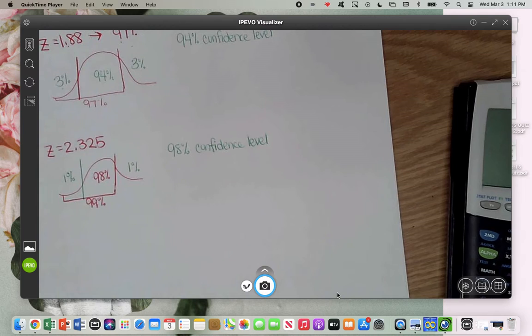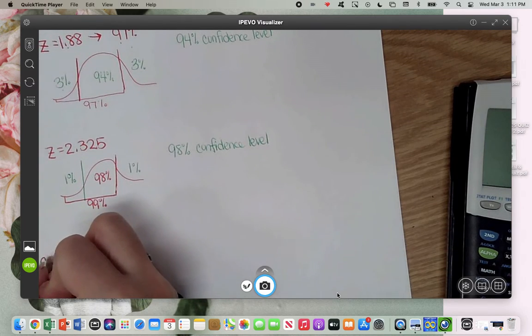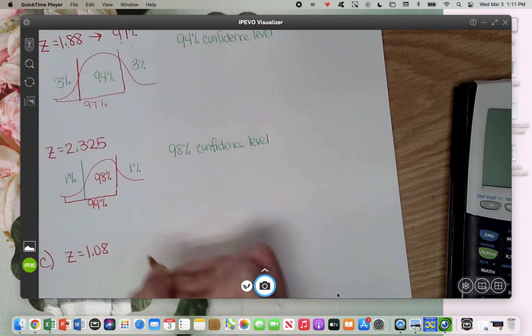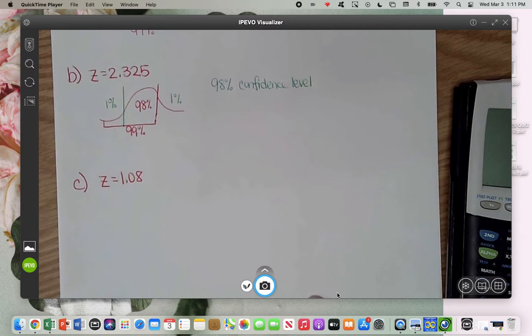All right, I've got two more, and then I'm going to be done. All right, now on this next one, oh no, I got three more, sorry. All right, 1.08.